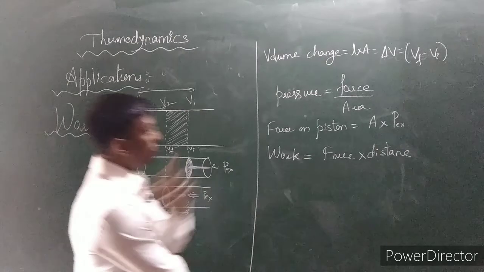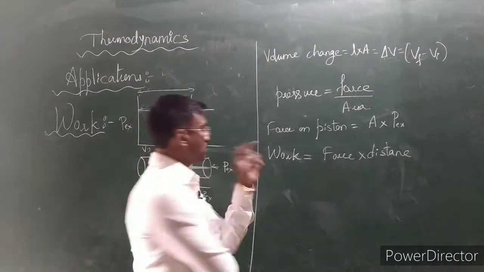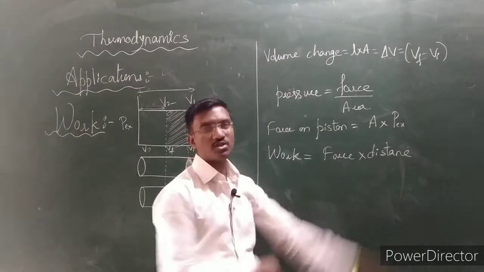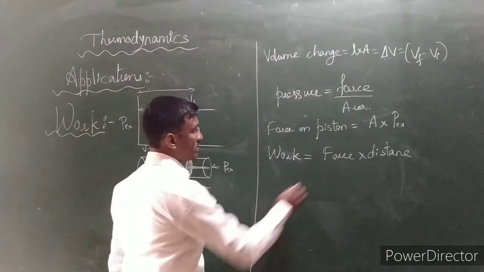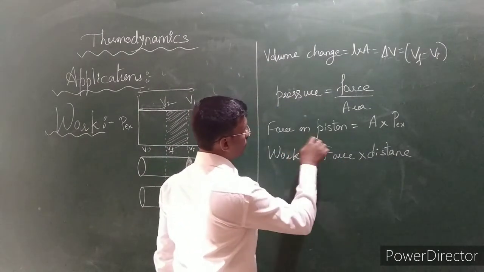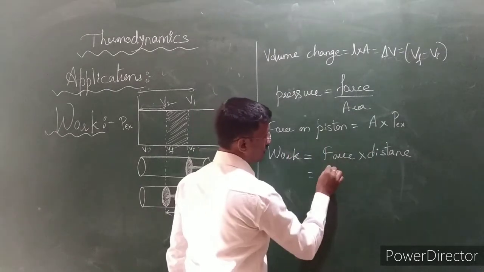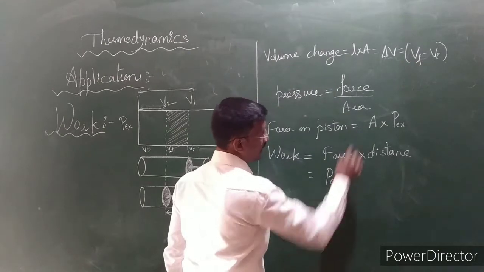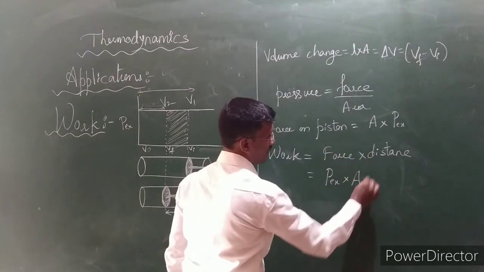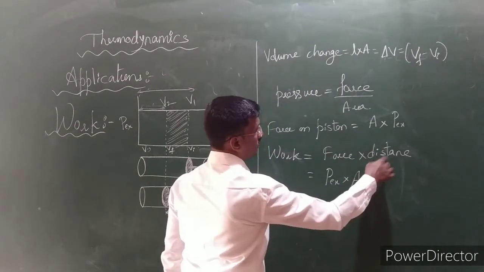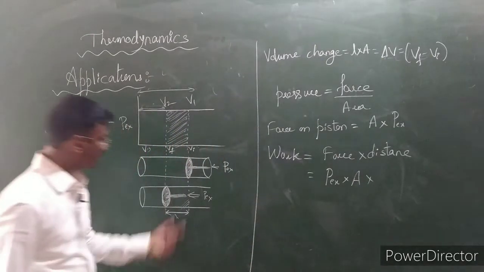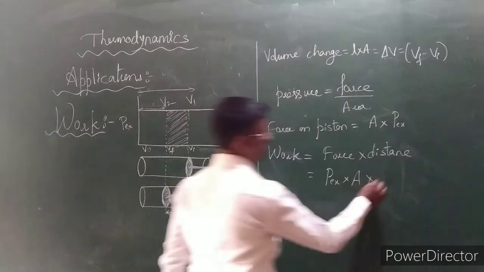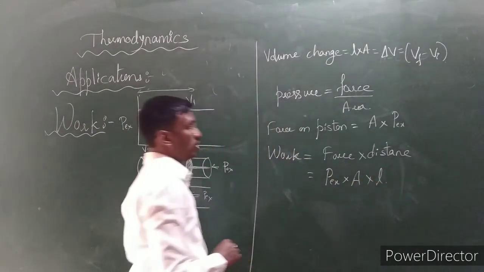Therefore here also, work done is the product of force into distance. Let's start. Force on the piston we know is the external pressure into area, and the distance covered is L. So into L, keep that in mind.